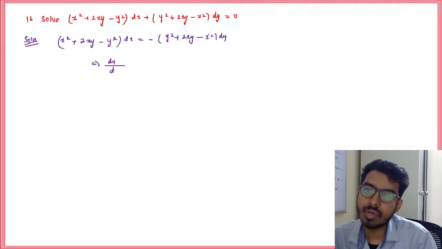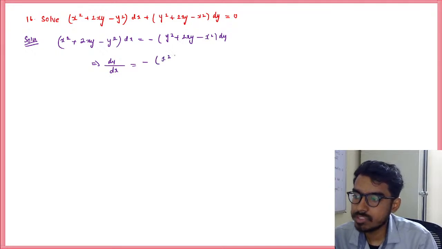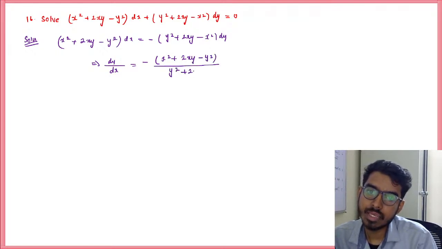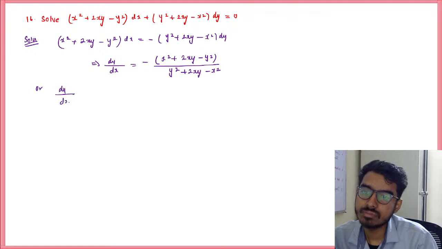So dy by dx is equal to minus of (x square plus 2xy minus y square) divided by (y square plus 2xy minus x square).